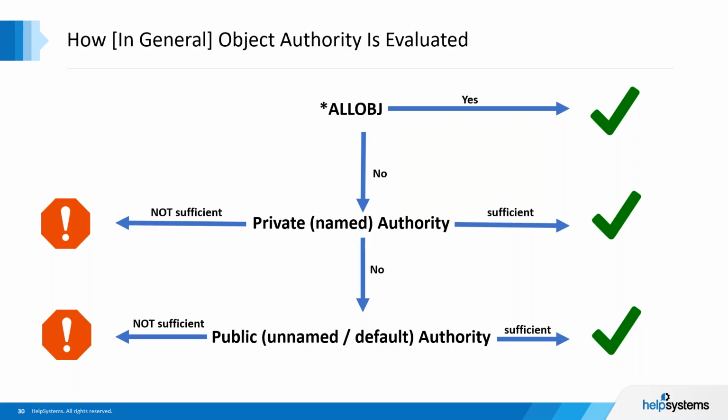If there is an authority for that user, whether or not it is sufficient, it's game over. There's no additional checks performed. However, if the authority is non-existent as opposed to insufficient, then it will progress to the third layer, which is checking to see if there is any public permission that will allow the act. Now, every object has a public assignment, so there will be a setting here, and it's really just a determination of whether it's sufficient to perform the requested task or insufficient, in which case the access will be denied.